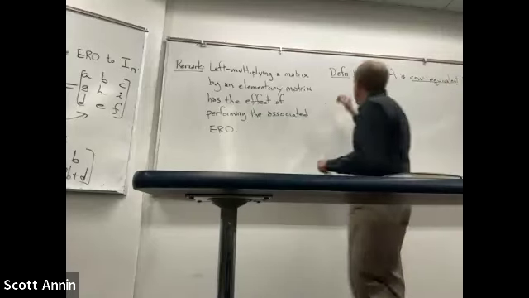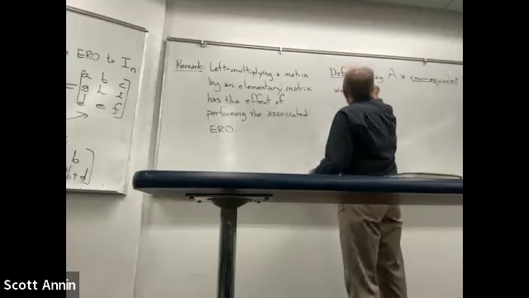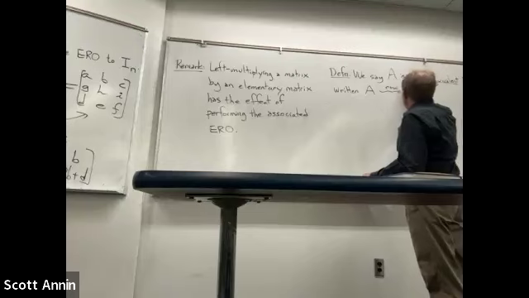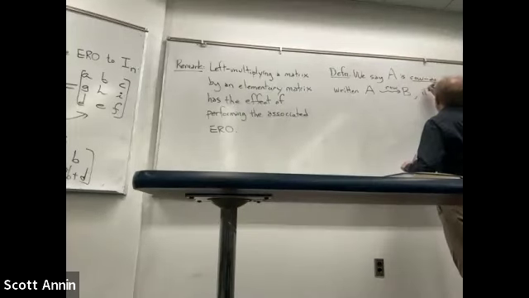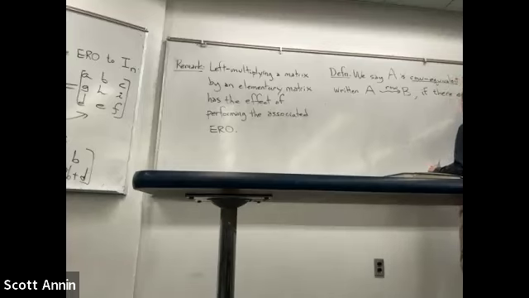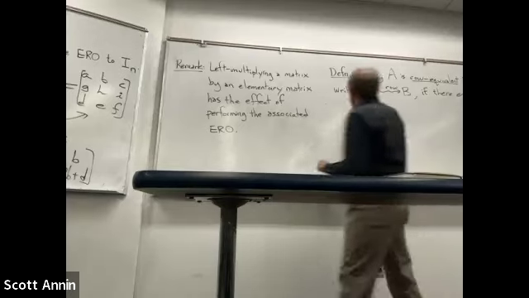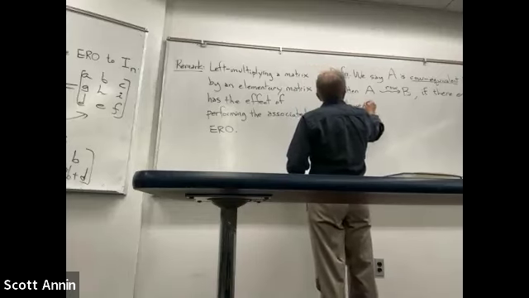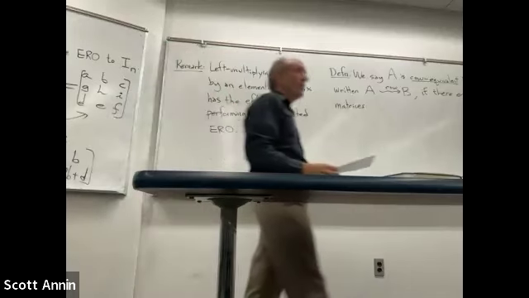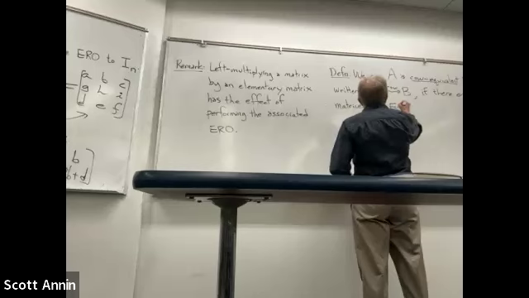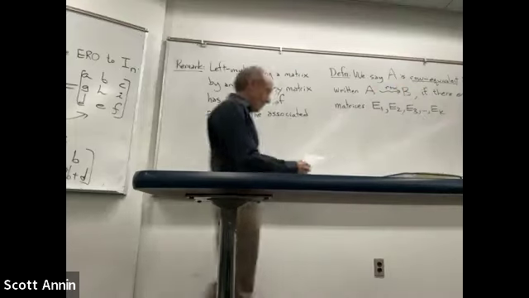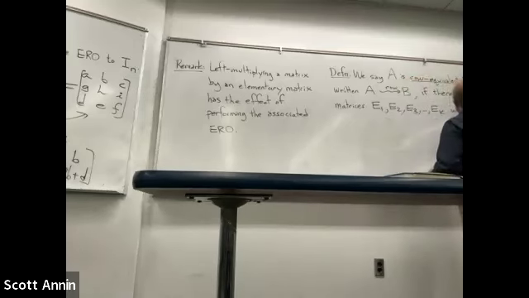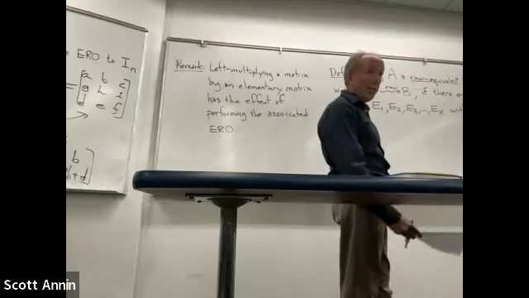A is row equivalent to B, and this is going to be written, the notation I like to use, guys, I write A, and I put a little arrow with the word row on it to B. A is row equivalent to B if there exist elementary matrices, I'm going to call them E1, E2, E3, dot, dot, dot, maybe there's a K of them, so all the way up to E sub K, with the following equation.